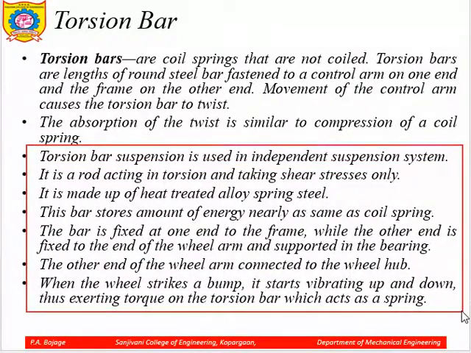The bar is fixed at one end to the frame while the other is fixed at the other end. So we have already discussed this, and the other end of the wheel arm is connected to the wheel hub. When the wheel strikes a bump, it starts vibrating up and down and exerting torque on the torsion bar, which acts as a spring.